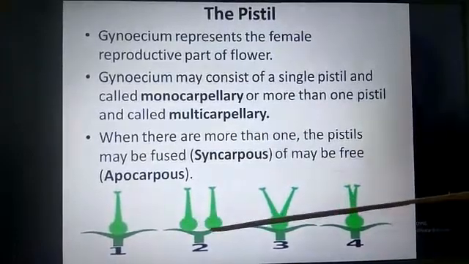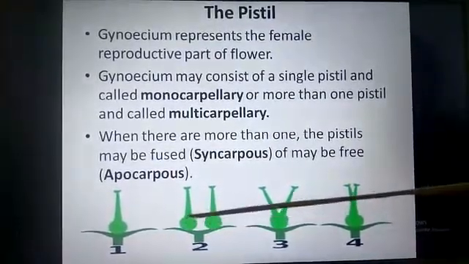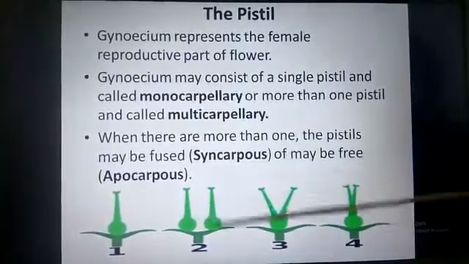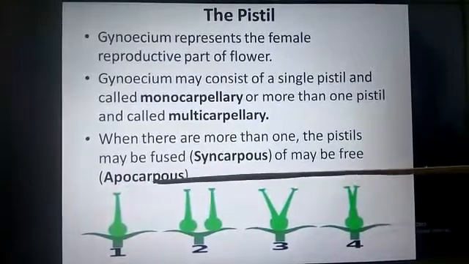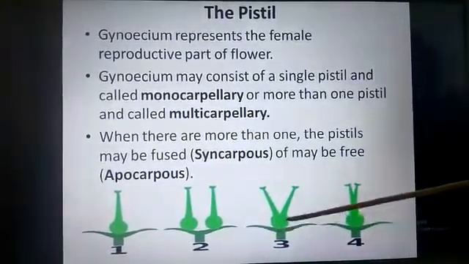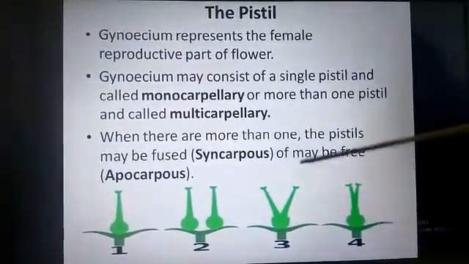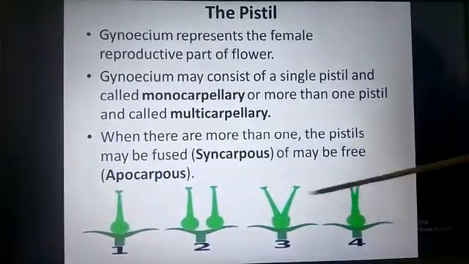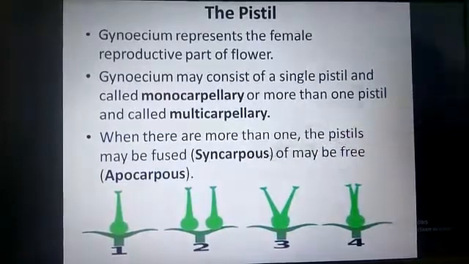That means they don't fuse with each other. So these pistils are called apocarpous. But in pictures 3 and 4, the pistils are fused with each other. So this type of pistil is called syncarpous.